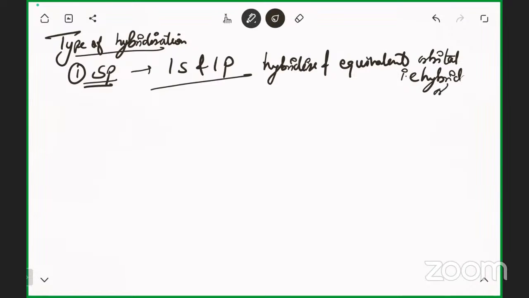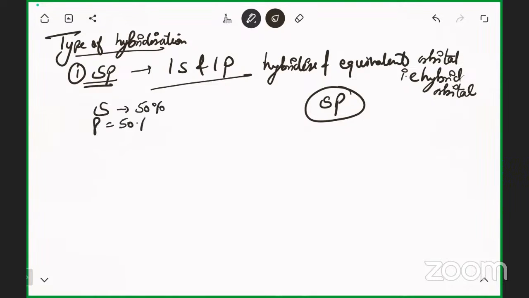Hybrid orbital will form, and which hybrid? The hybrid orbital is known as sp hybridized. For calculating the s character and p character, we will determine the properties later, but right now the S character is 50% and the P character is 50%. It's quite easy.